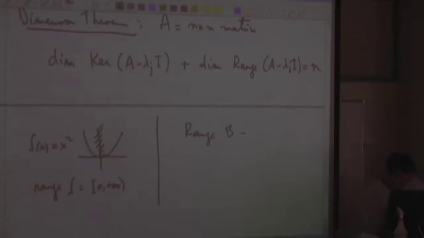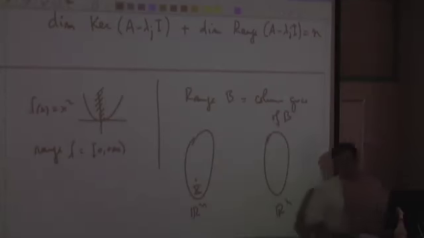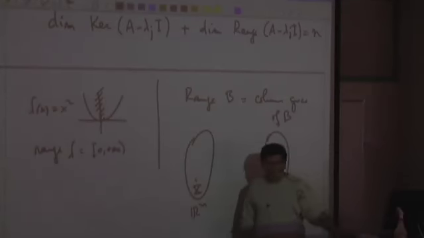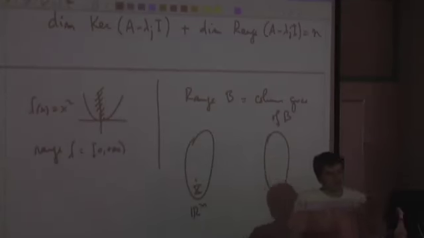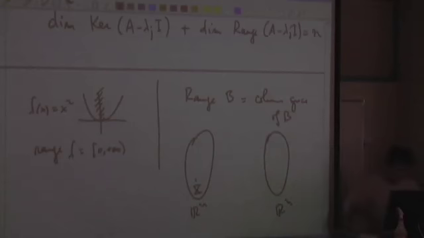The range of a matrix B is the column space of a matrix B. And what do we mean by that? Well, here's what we mean. I take a vector in Rn, and I build a map, like a function, like the same way as this one.